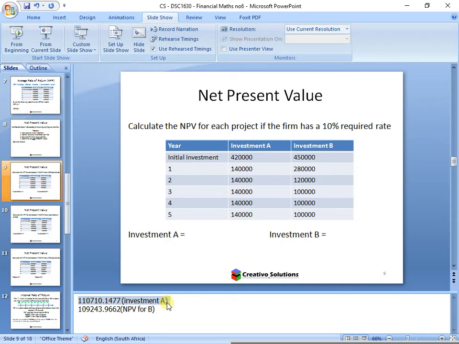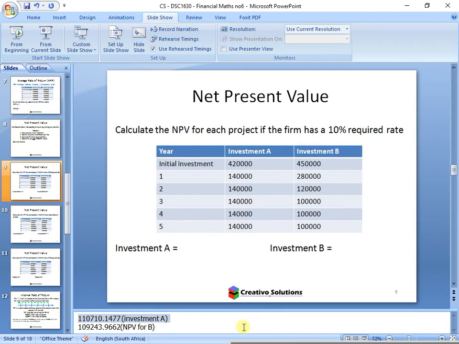Are you happy with the steps? Yes. We're going to do a few. By the time you leave today, I'm hoping you're happy with how to use the CF function on the calculator. So let's see if you can do B. Do B and see if you get the same answer as me.